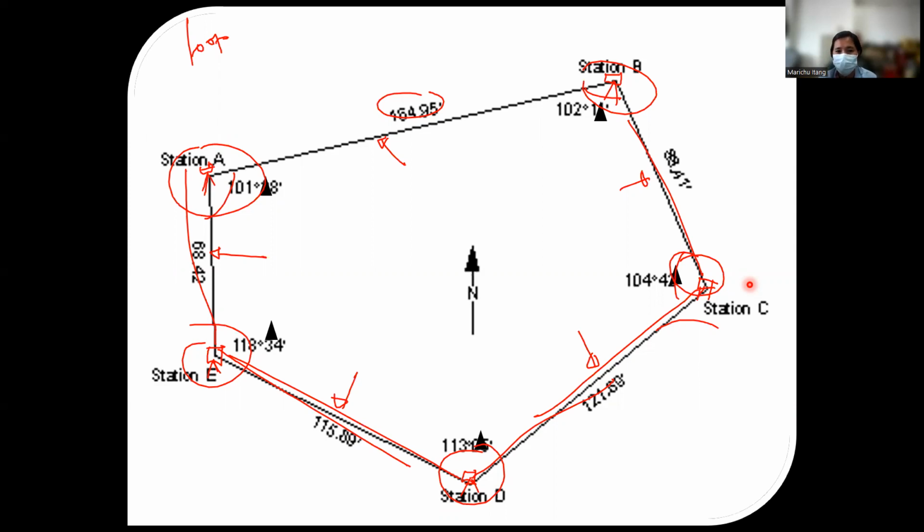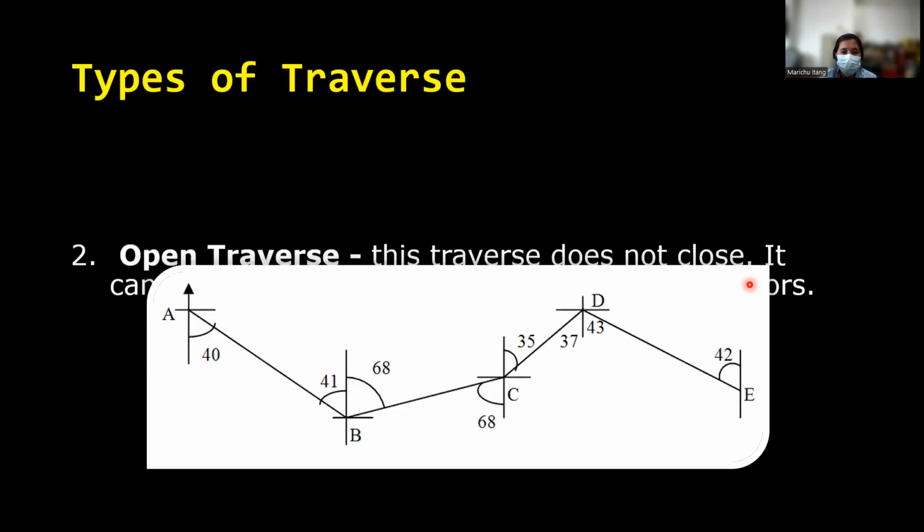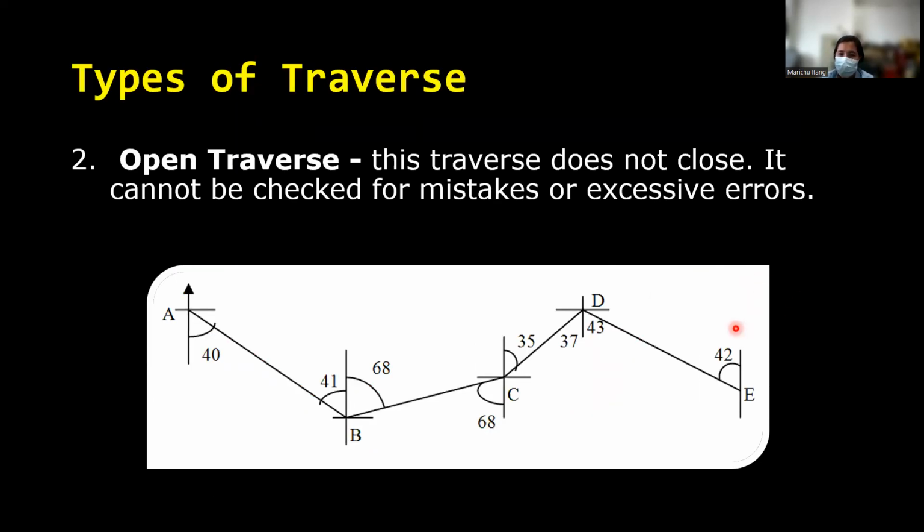So there is something wrong with your observation. Okay? So when we say open traverse again, it does not close, so it cannot be checked for mistake or excessive error. So if you're conducting an isolated survey, subdivision survey, or relocation survey, the open traverse is not advisable.